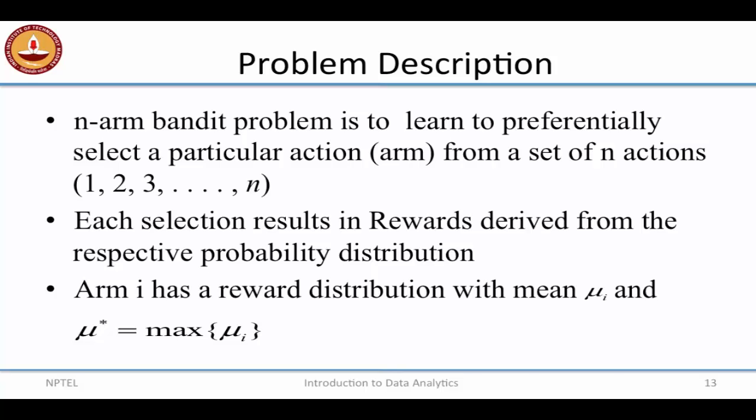Each selection results in some reward derived from a probability distribution that is unknown to us upfront, right? Making a simplifying assumption, each arm i has a reward distribution with mean mu_i, and there is one arm that gives us a mean reward of mu star, which is the maximum over all mu. So I'll stop here now and continue in the next module.